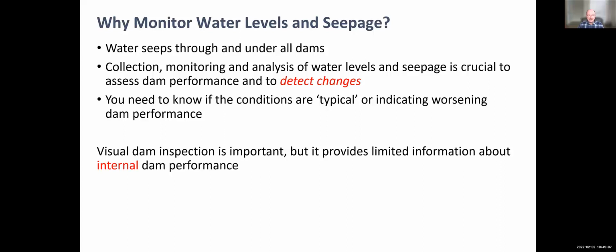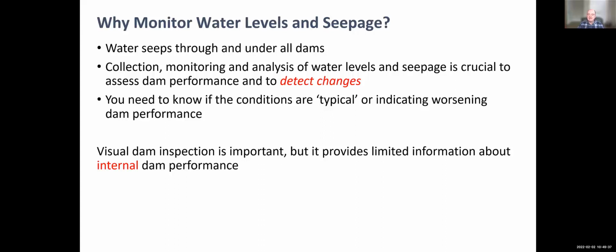Visual dam inspection, using our most powerful tool, our eyeballs, is obviously very important. It has some limitations though. Your visual inspection may not give you quite enough information about what's happening inside the structure itself. These gradual internal erosion processes are a little bit challenging to pick up through visual inspection.